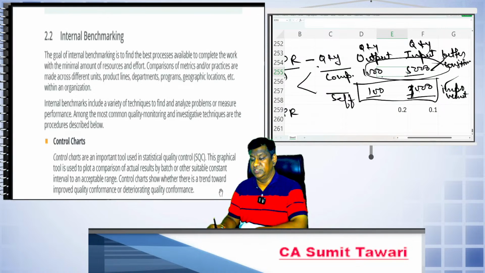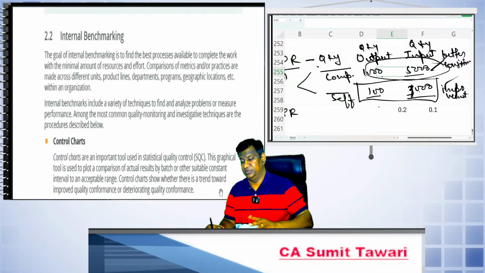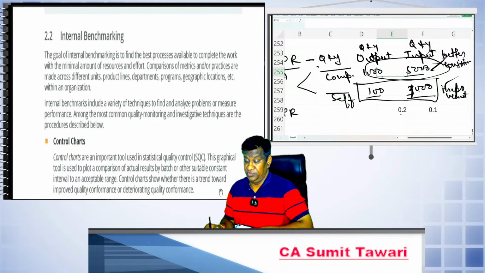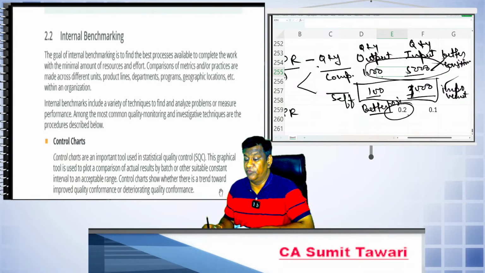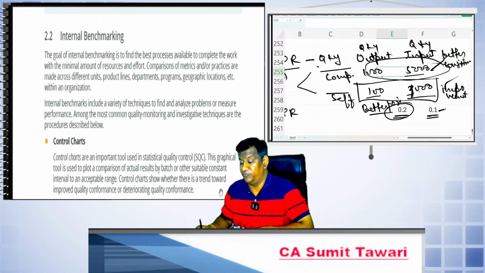That is basically the output input ratio. I'm thinking from input output ratio. So the competitor is in a better position. With 1 unit of input, he is able to produce 0.2 output, and with 1 unit of input, I am producing 0.1 output. So there is a requirement for improvement. My consumption is high.